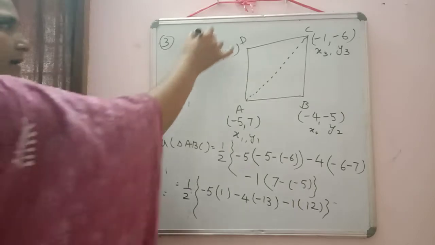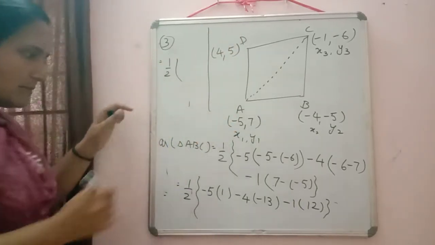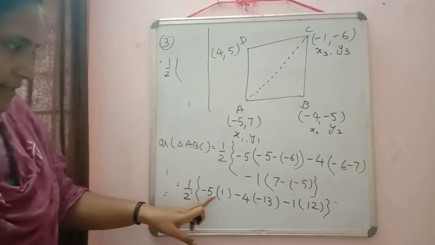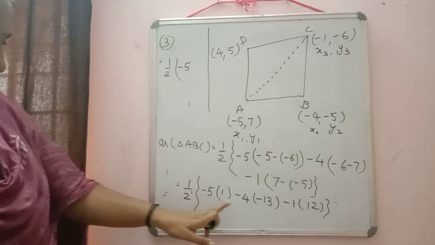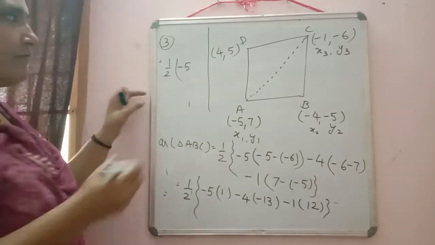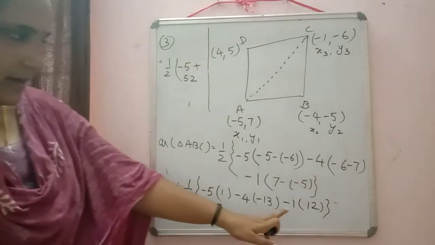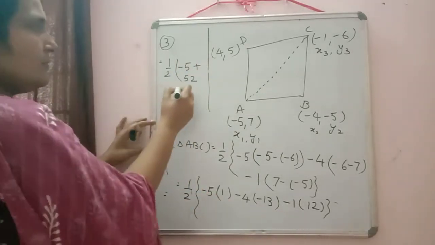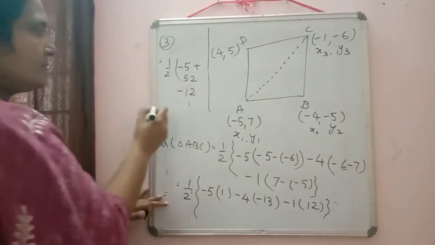Now I am writing here half into minus 5 into 1, that will be equal to minus 5. Minus 4 into minus 13. 13 fours is 52. So we are getting plus 52. And here minus 1 into 12. So that will be equal to minus 12.